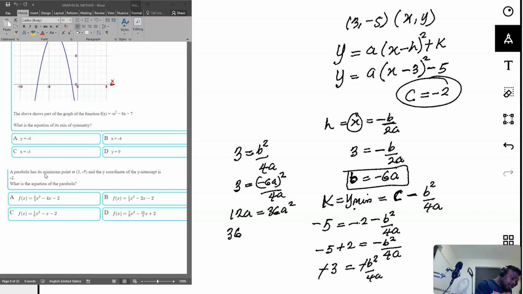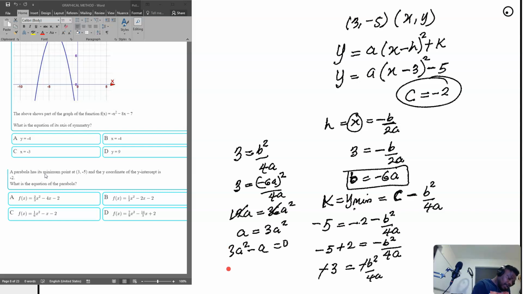So I can divide through by 12. So a is equal to 3a squared. So 3a squared minus a is equal to 0. So this is a bracket 3a minus 1 is equal to 0.